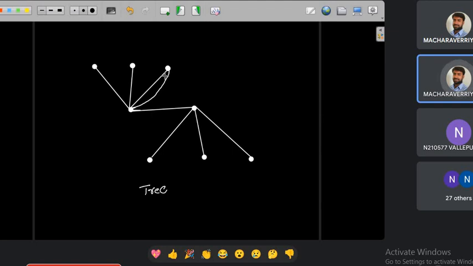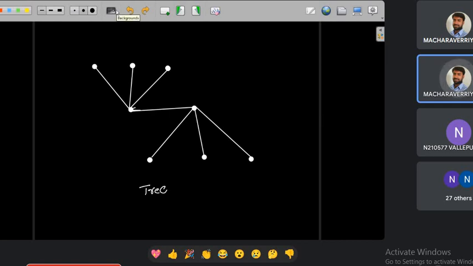Then what happens? Then this becomes a circuit, no? So this becomes a simple circuit. So it is not allowed to have a multiple edge, and also a tree is not allowed to have a loop, because if you have a loop, that itself is a circuit. So loop can be considered as a circuit. So we are not allowed to have loops or multiple edges in a tree.